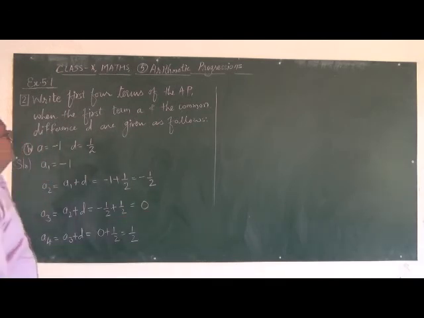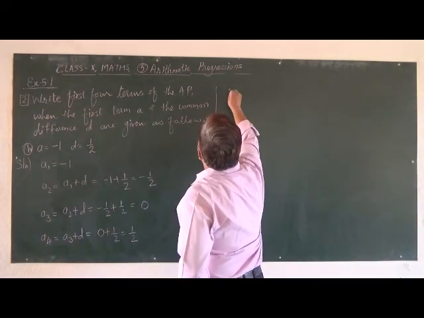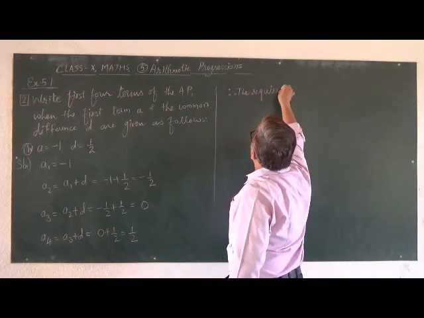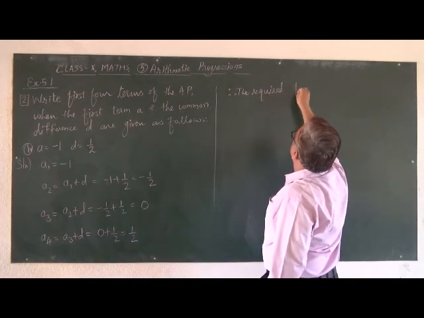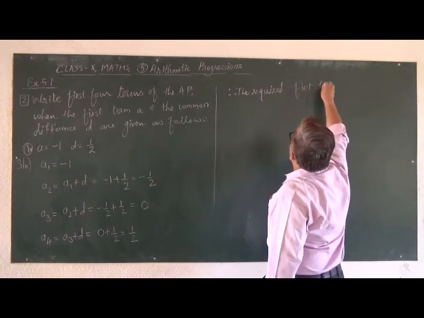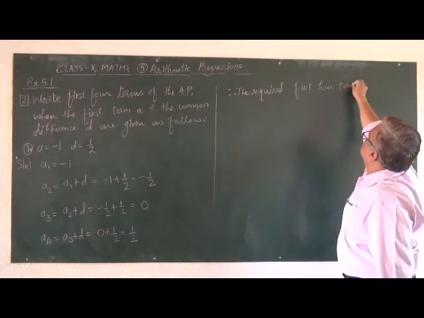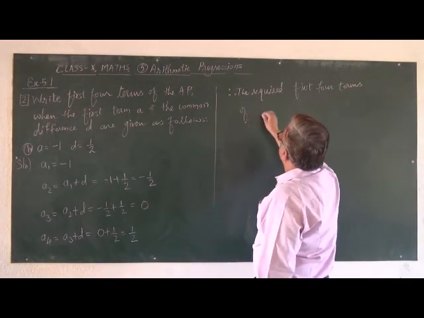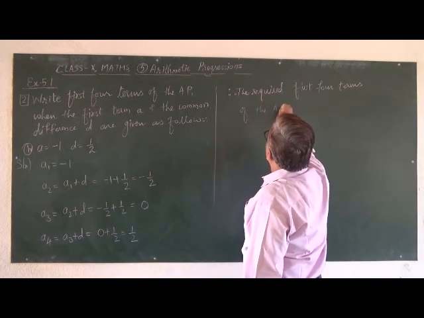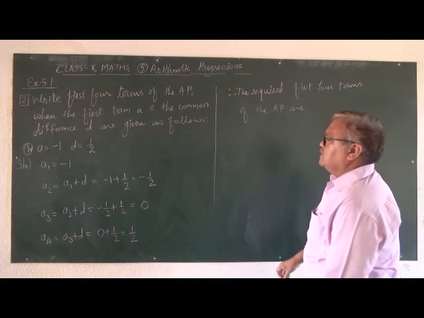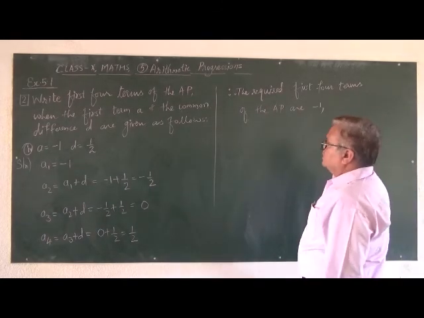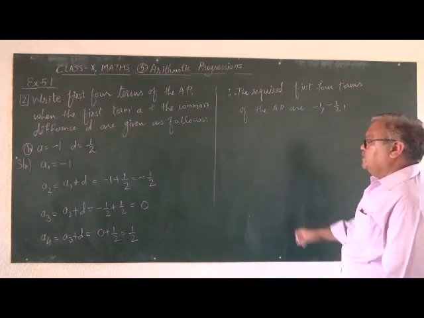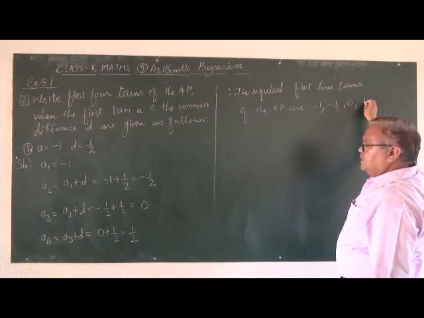So therefore the required first four terms of the AP are minus 1, comma, minus 1 by 2, comma, 0 and 1 by 2.